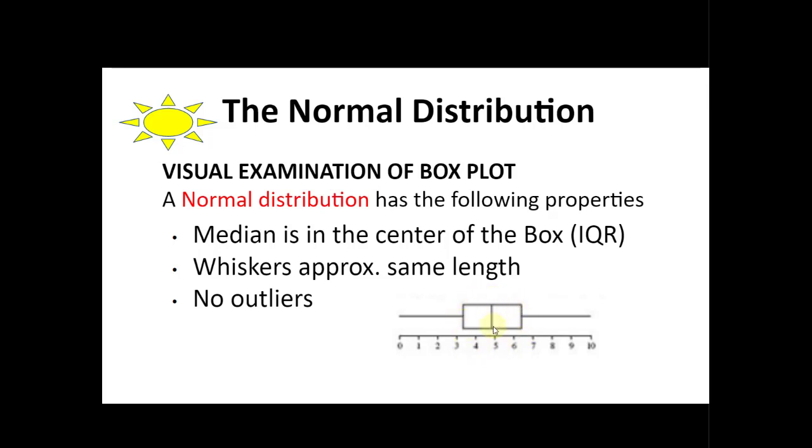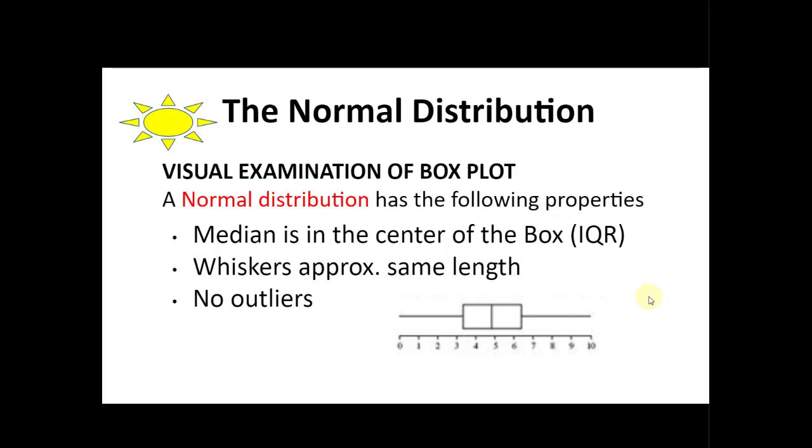Ultimately we're looking for the median to be in the center, and the whiskers should be approximately the same length, and hopefully there are no outliers. If there are outliers, you can always look to see if they're balanced. So for example, if there's an outlier that is substantially lower than the majority of the data, and if there is an outlier that is substantially greater than the majority of the data, then they kind of tend to balance things out.